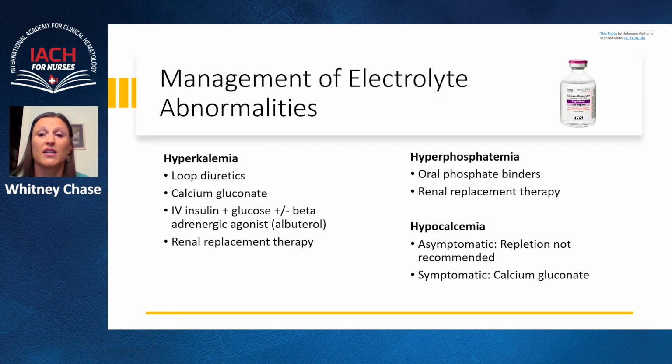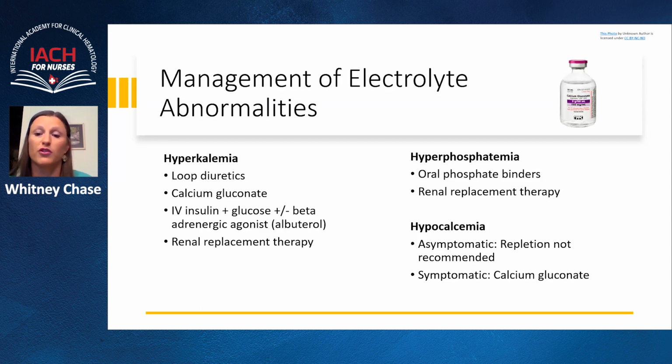Calcium gluconate may be indicated if potassium levels are 6 or greater to help stabilize that cardiac membrane, or if EKG changes are present and are attributable to hyperkalemia. IV insulin and glucose can be used. The insulin helps drive potassium intracellularly, and then glucose is given to prevent hypoglycemia in your patient who probably doesn't need exogenous insulin for glucose management.